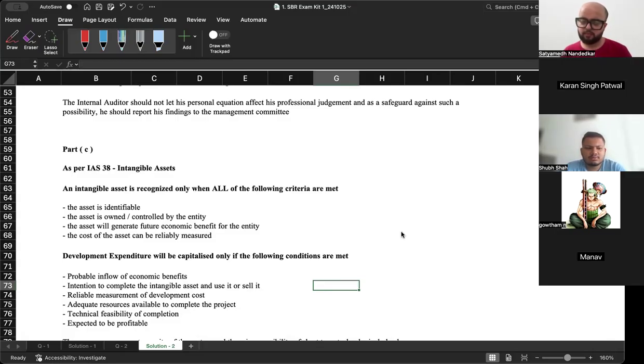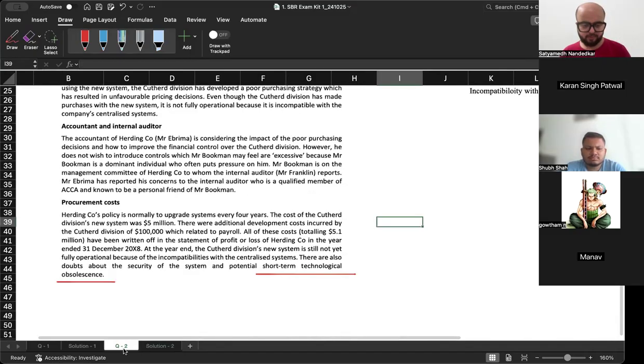Can you go back to the paragraph? Sure. Look, they upgrade their systems every 4 years, so there will be an intention to complete because it's a practice that they follow, a policy that they have.